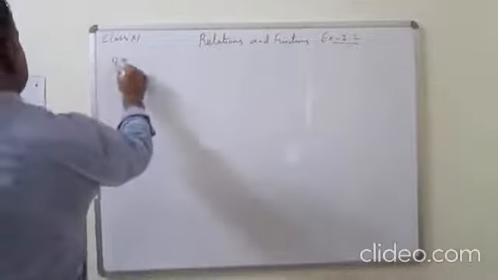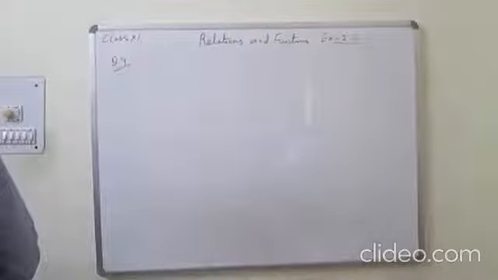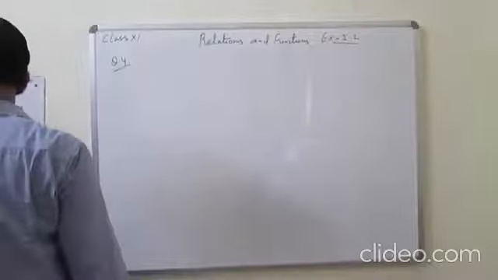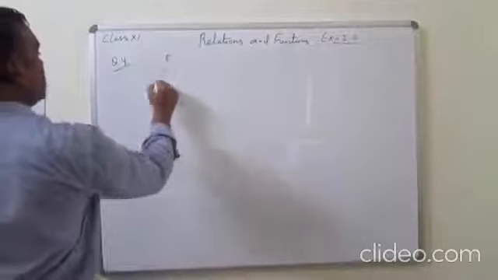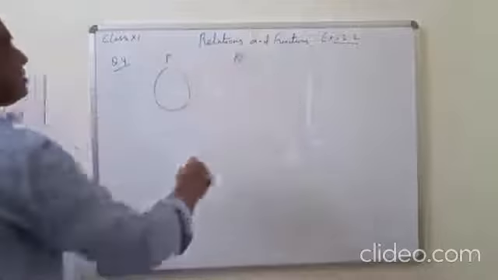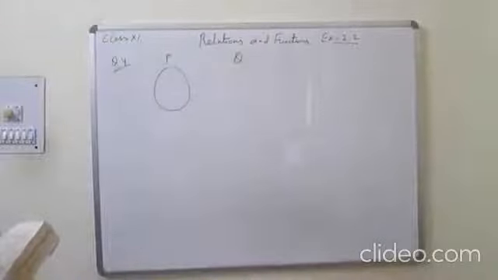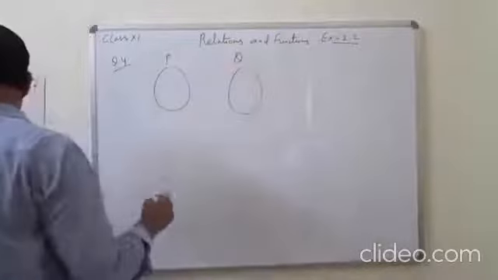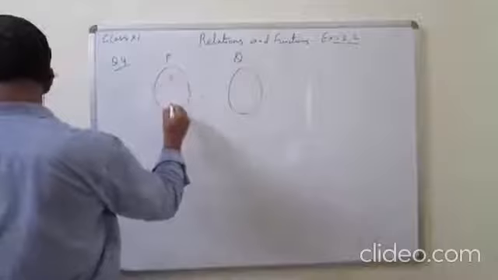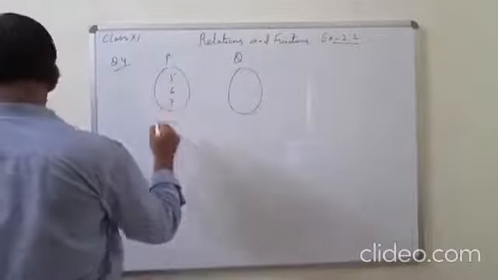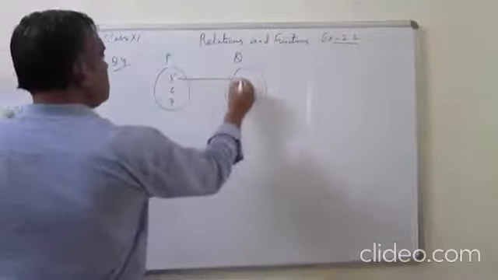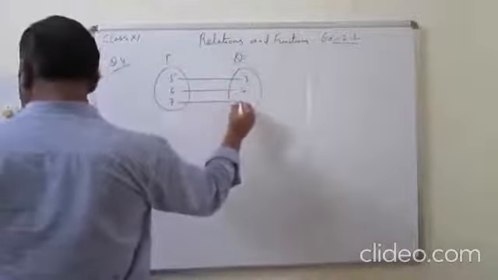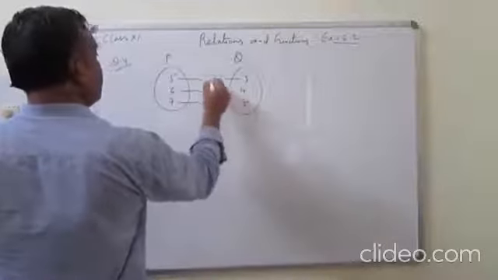Question number 4. The figure shows a relationship between P and Q. P figure and Q figure. 5, 6, 7; 5 is related to 3, 6 is related to 4, 7 is related to 5.